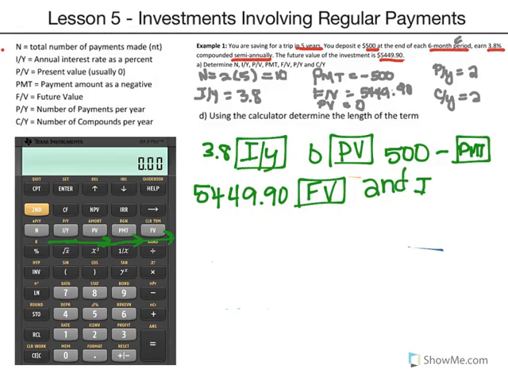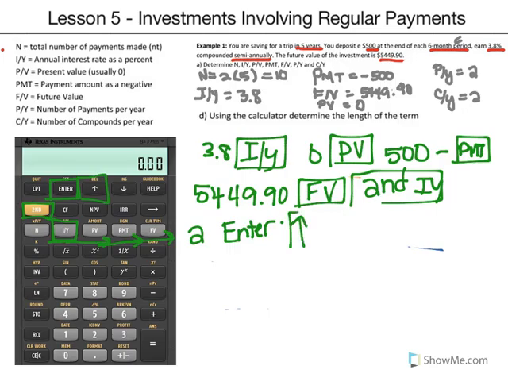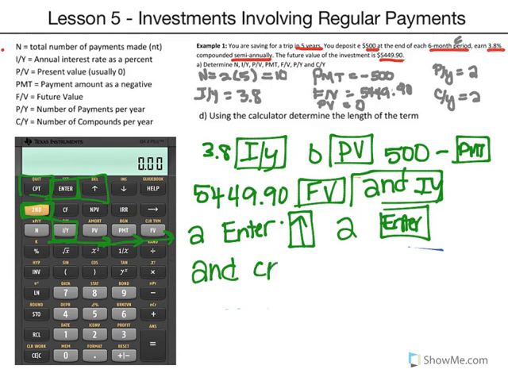Second function IY. We want to find our PY. So our PY is 2, so we'd hit 2, then enter. Then we go up to CY. Then we hit 2, then enter. Now that's done, so we're going to hit second function, compute.